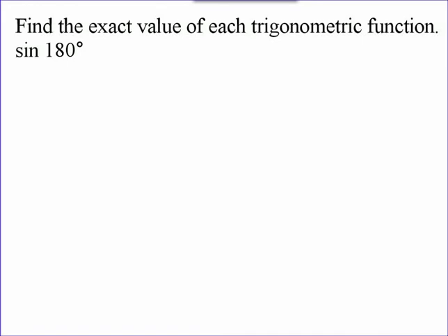The best way to get started with these is to think about where 180 degrees is located. I know that 180 degrees is located on the x-axis. So if I draw my x and y, 180 degrees will be located right here.